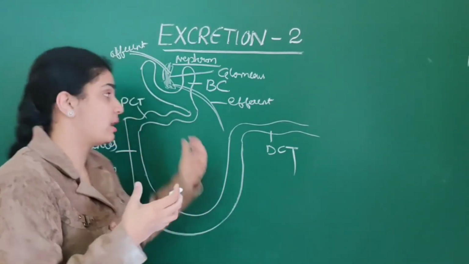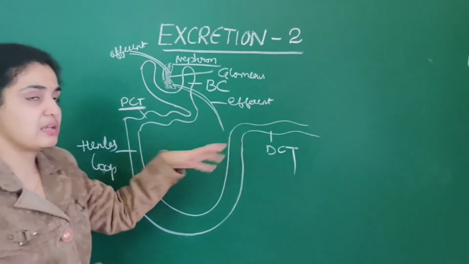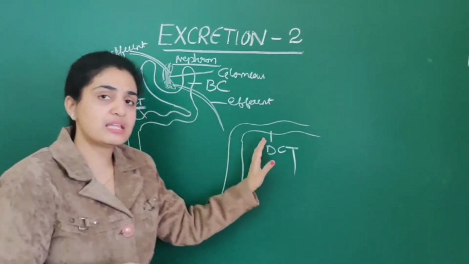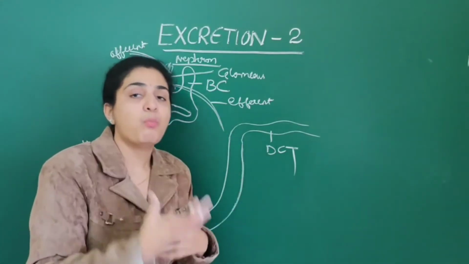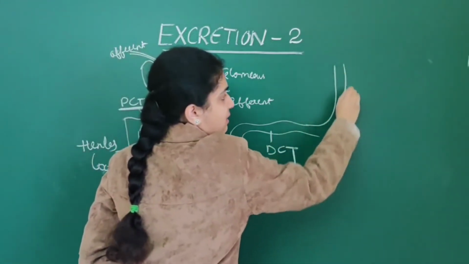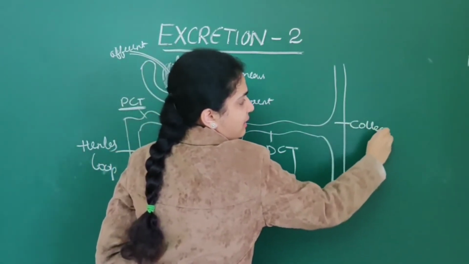Proximal, by the name, means from the beginning; distal means the ending. Both are highly coiled structures. From the DCT there arises a straight structure called the collecting duct.